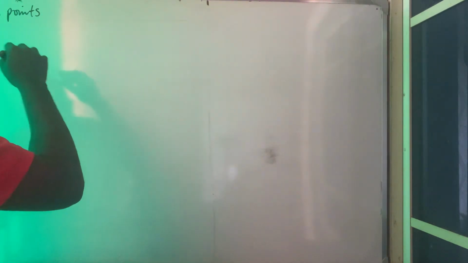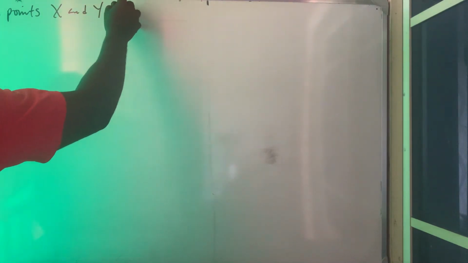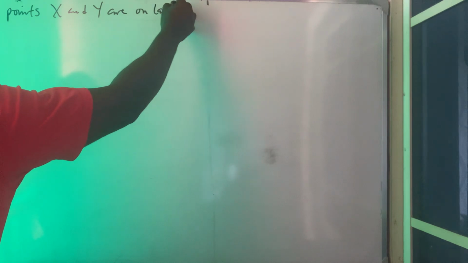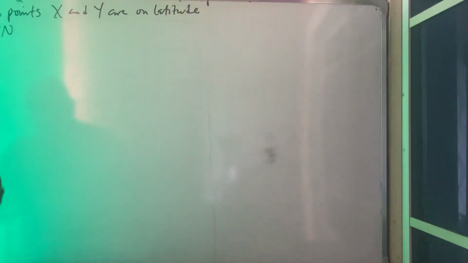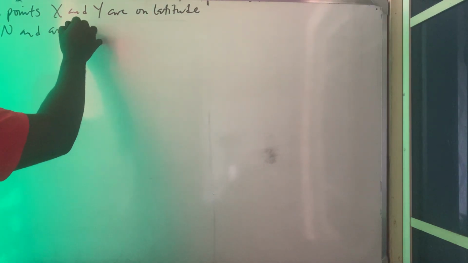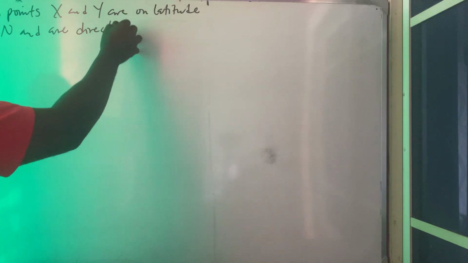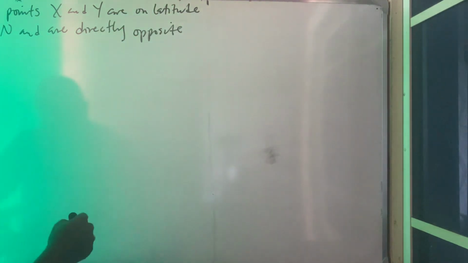So let's keep solving. The next question says two points x and y are on latitude 50 degrees north and are directly opposite each other.